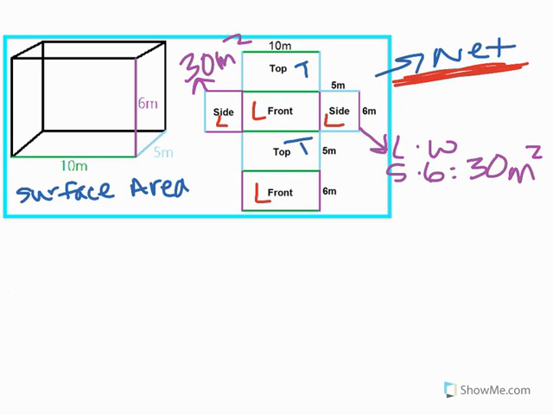And I can look and see my front and my back. So I know that this line and this line and this line and this line and this line are the same. So I know that the orange line is 10. So if I'm looking for the area, I would have 10 times 6, which is 60.